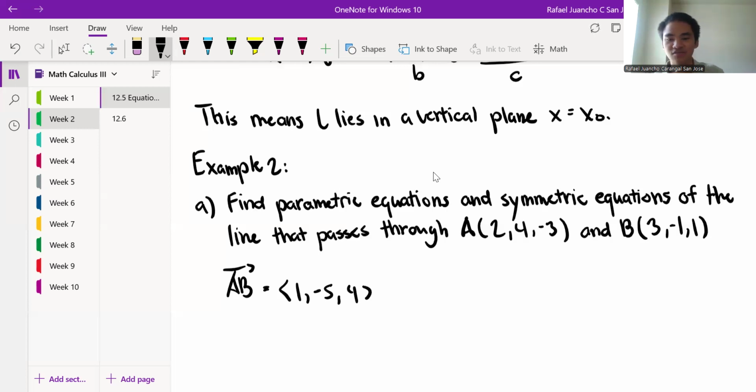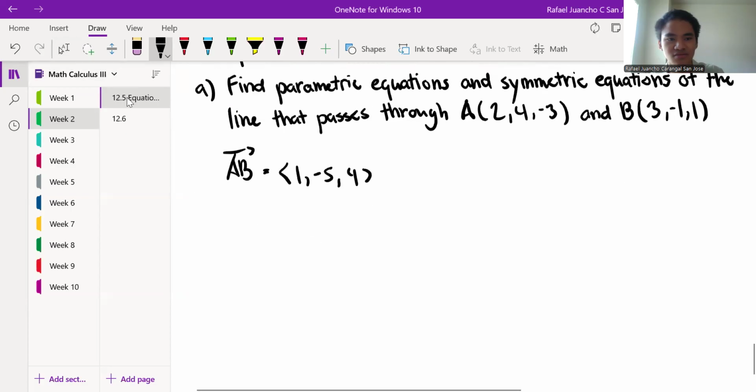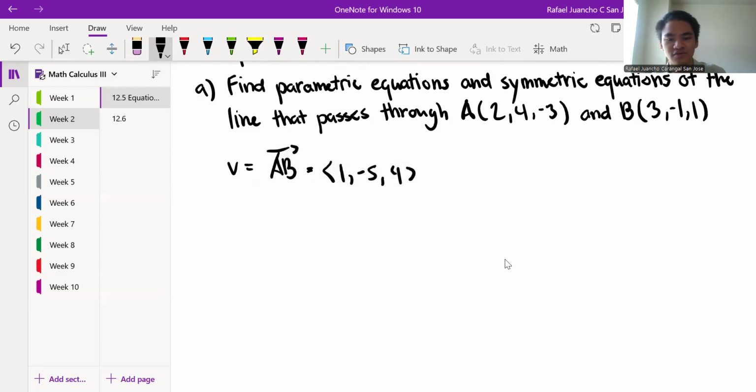And so we have this vector here that's AB, right? Now we have a vector. Let's call this V. Now we have that vector, and that's parallel to the line.